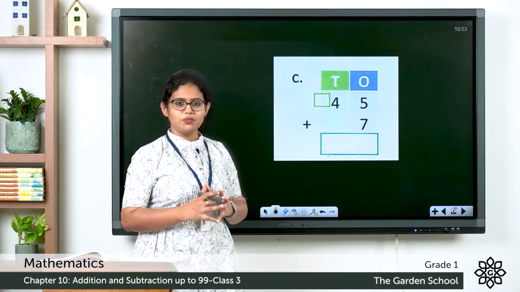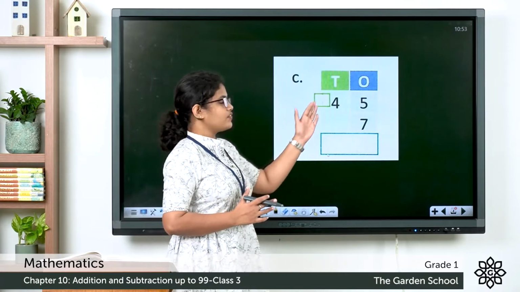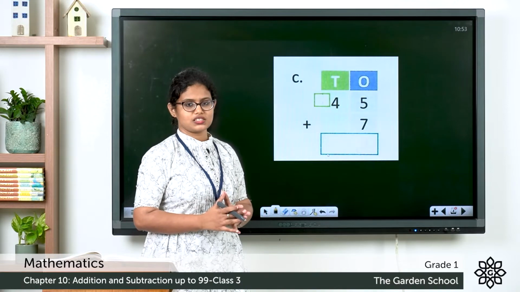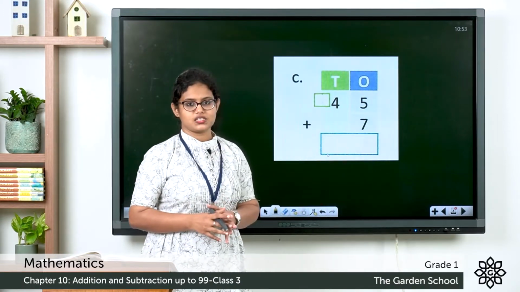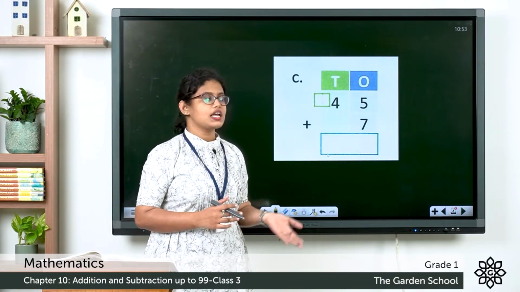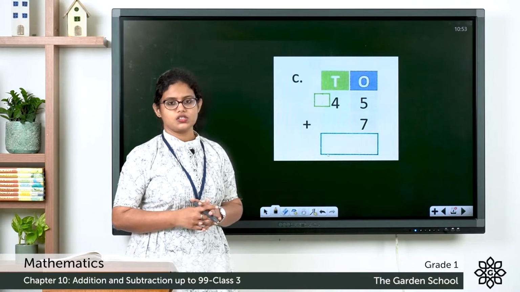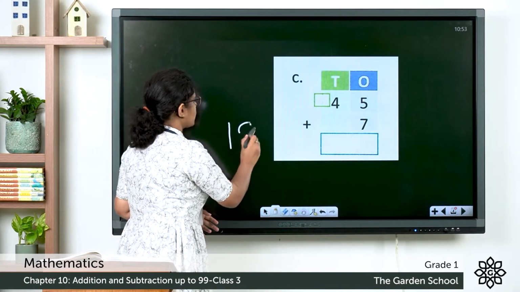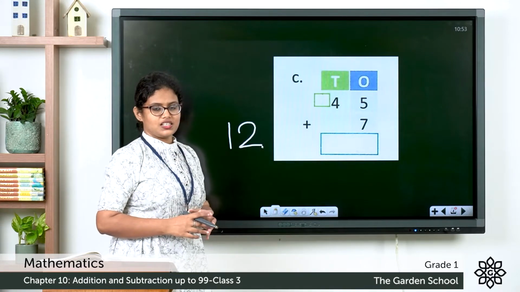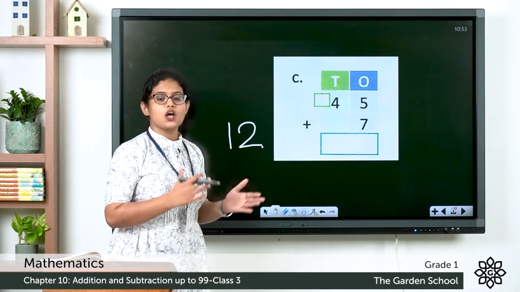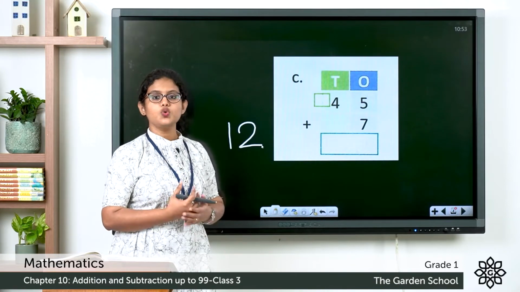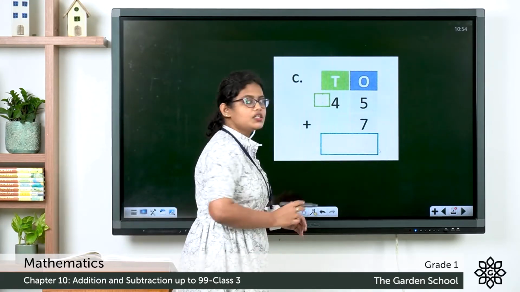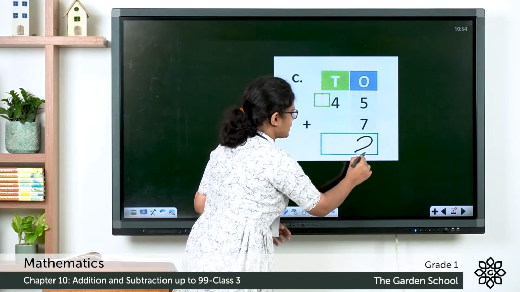Let's do one more sum. 45 plus 7. What do you need to do first? First, see the ones place. We have 5 ones and 7 ones. 5 ones plus 7 ones is 12 ones. We can write it as 1 ten and 2 ones. So let's write 2 in the ones place.